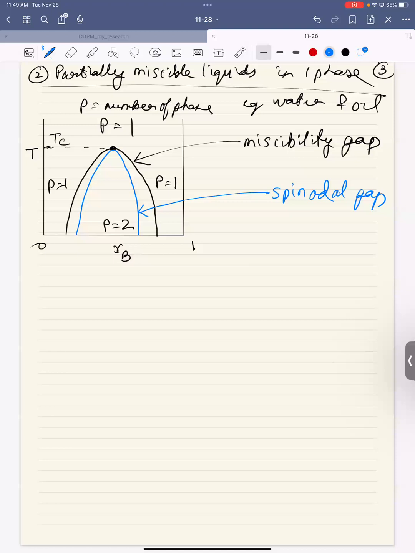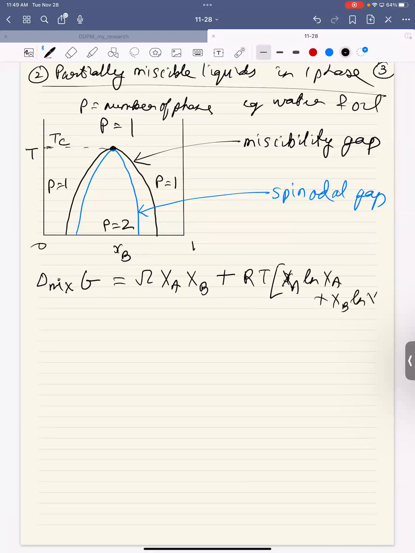And again, we are going to use the common tangent construction. In order to understand all of this, let's use our regular solution model as an example. We have delta mixing G is equal to omega XA XB plus RT (XA ln XA plus XB ln XB).